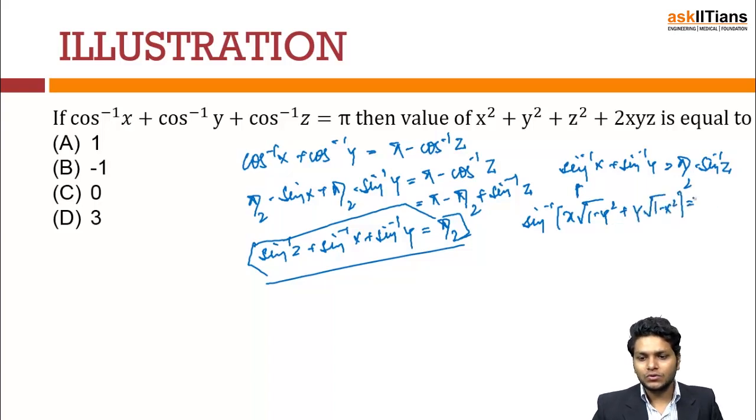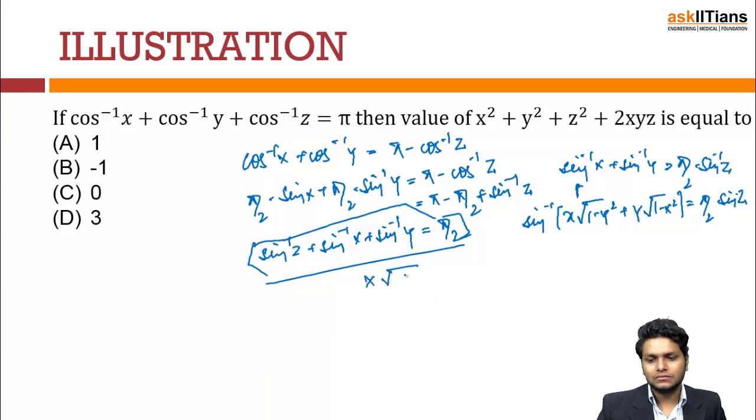And this will be pi by 2 minus sin inverse z. Now this is pi by 2 minus theta. So can I say that this will be nothing but sin of pi by 2 minus sin inverse z?